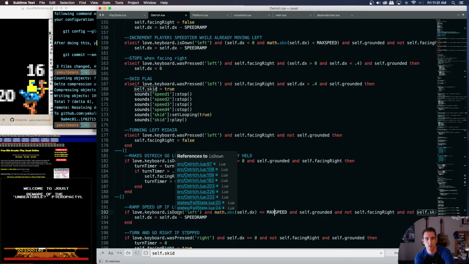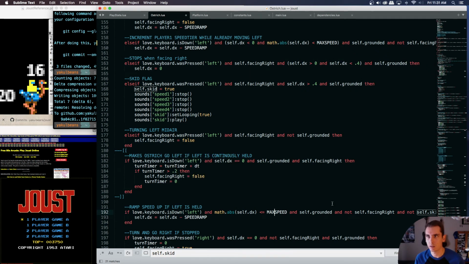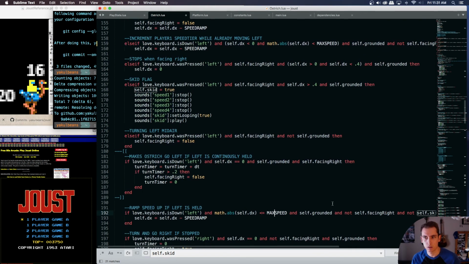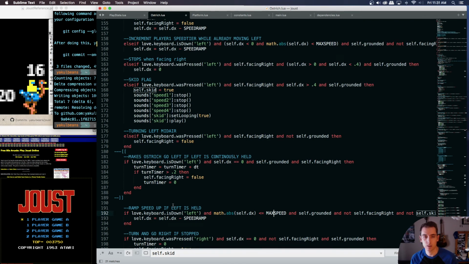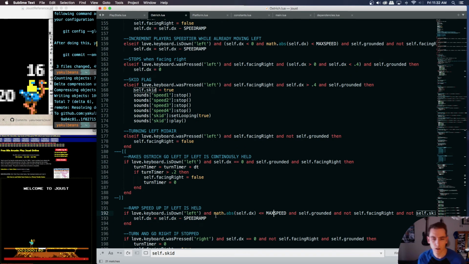This is saying if I'm facing left and I'm not skidding. Gosh, see, something over here is getting overwritten.